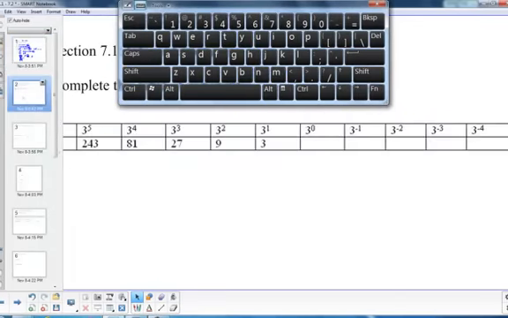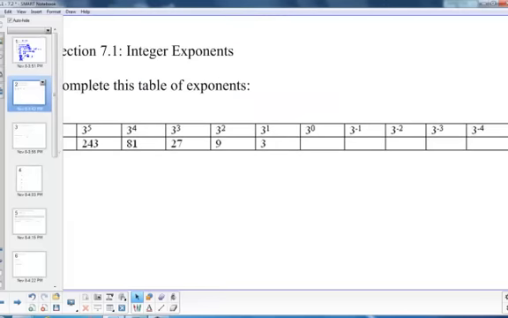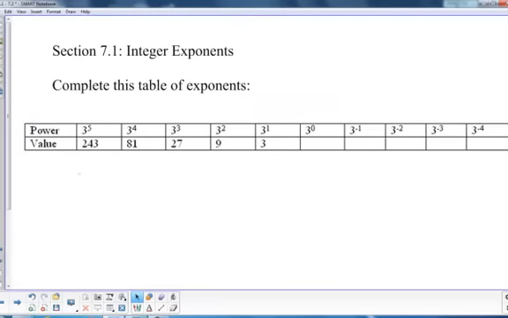Okay. So we're going to talk about exponents. And if we continue on then, 3 to the 0 is 1. And then we have 1/3.